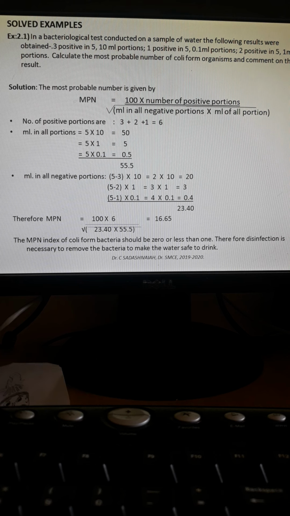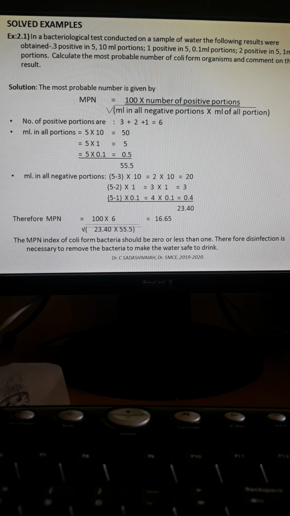Therefore the quantity of sample in the negative test tubes will be 2 into 10, that is 20 ml. And in the second set of 5 test tubes where 2 were positive, obviously 3 test tubes indicated negative where 1 ml sample was taken, therefore 3 into 1, that is 3 ml.